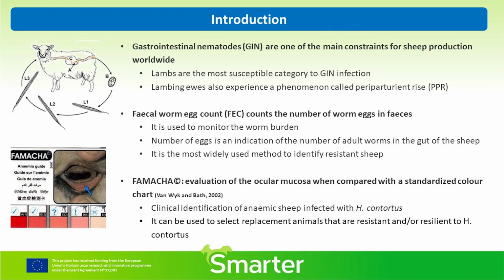This is the cycle of the worm. Usually the stage from L3 that transforms to adult, also called L4, and produces the eggs takes between 2 and 3 weeks.